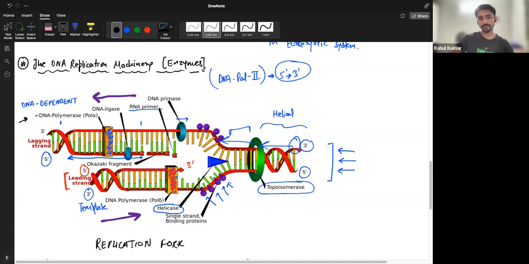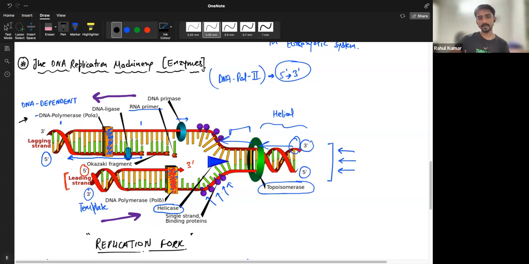So if in exam you see a question that says draw a labeled diagram explaining replication fork, this is what you have to draw. You don't have to draw this neat and sophisticated. You can also draw it as simple as you can. But remember to include certain things, especially helicase, DNA polymerase.